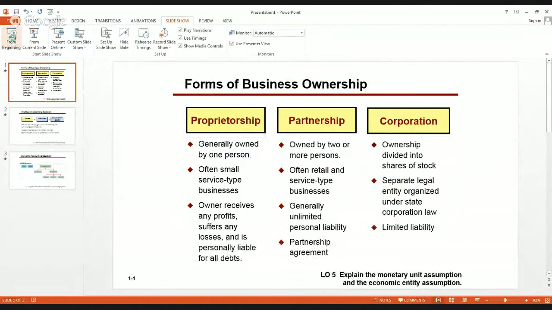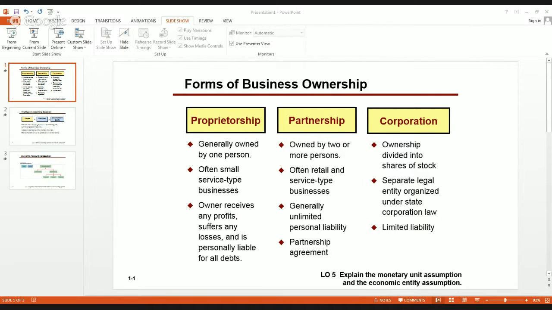But also, one of the key things we touched on was forms of business, because this is important: we're going to be touching on corporations. We're going to be looking at companies that have stock, companies that are required to issue financial statements. So I want us to be familiar with the different forms of business ownership.